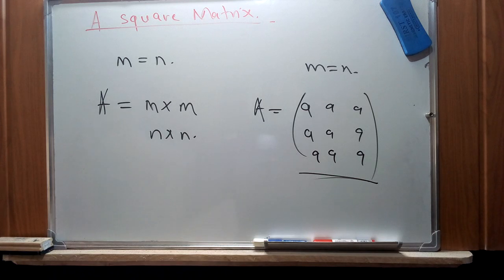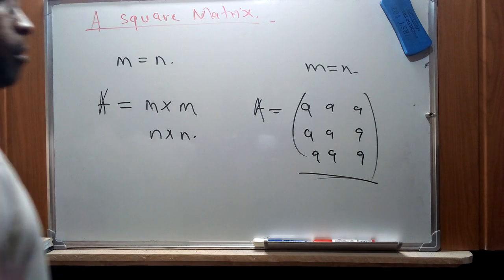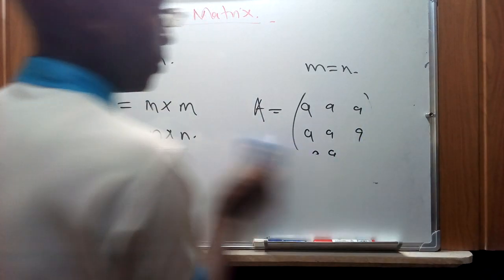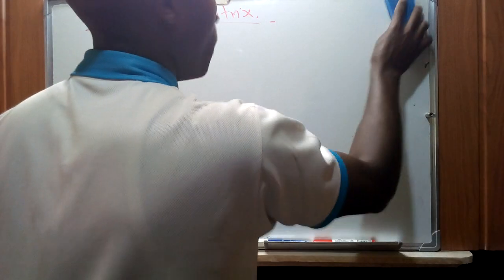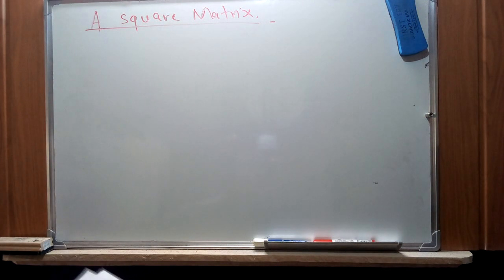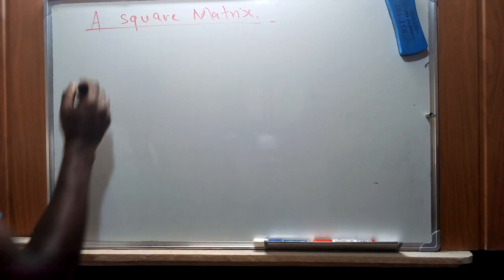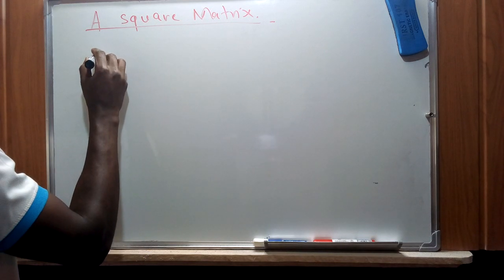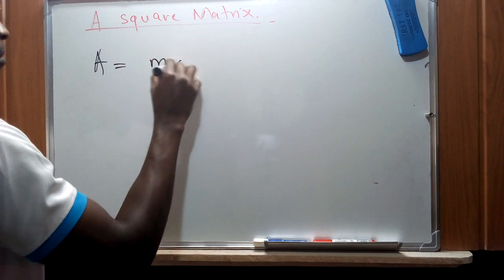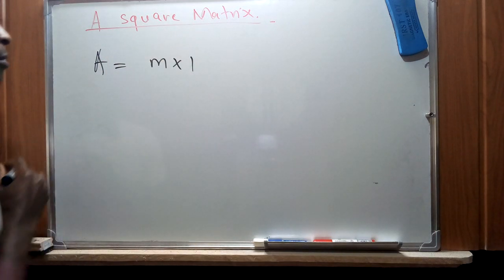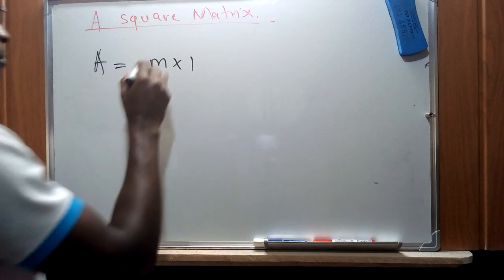We said in our first topic that these matrices are made up of rows and columns. Now suppose we have a single column or a single row, how can we represent that matrix? Let's say this is a matrix A that is made up of m number of rows and a single column.